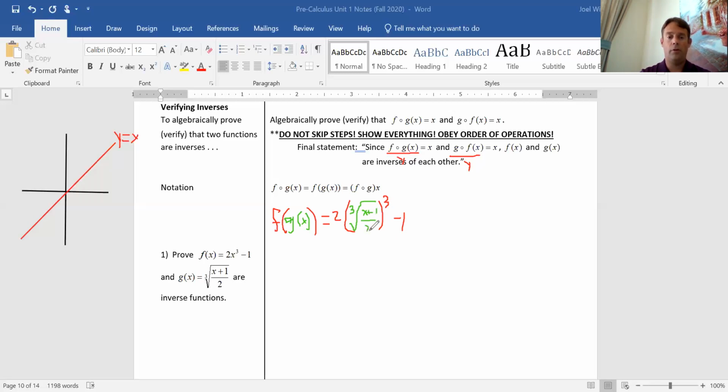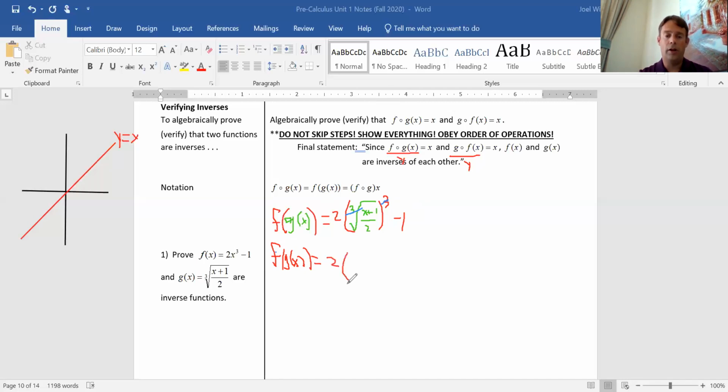Okay, so now when I go through and cross off stuff, I'm looking to see does anything cancel out. When I'm looking to cross stuff off, I can only cross off one thing at a time. So I'm looking at my cubes first. I can cross those off. So my cubes are going to go away, and that would leave me with f of g of x equals 2.